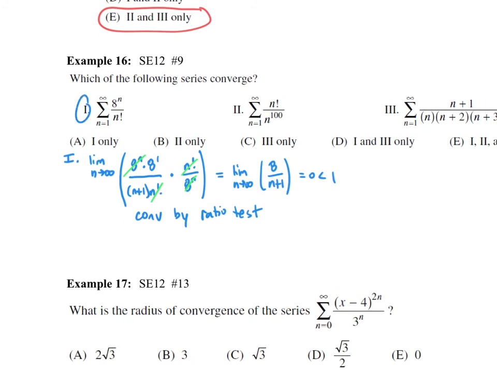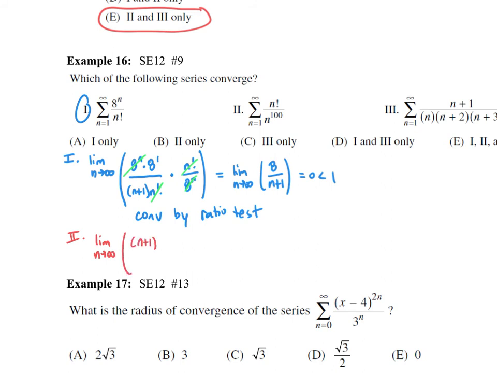Okay, that's a good one. We want that one. And then we're going to look at the next one and go through the same exact logic with that one. You have a factorial, you have a base. So I'm thinking we're going to do the same thing for number 2 here. So we have the limit as n goes to infinity. Same thing, they have all positive terms.